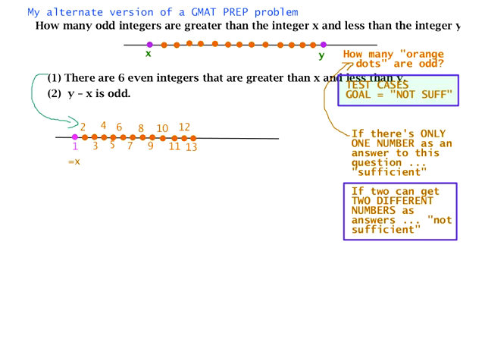Do you guys see what the deal here is? If I put y here at 13, this can be y. So if y is this value, then there are only 3, 5, 7, 9, and 11. So there are 5 odds in the middle.